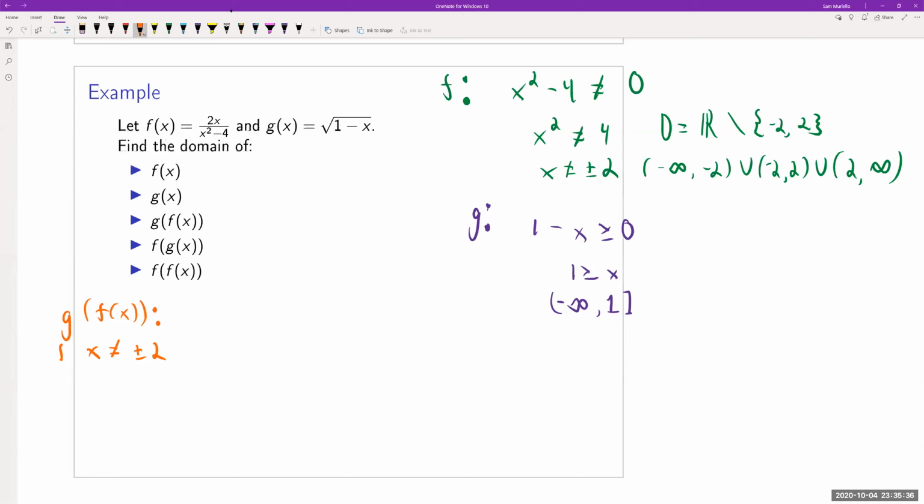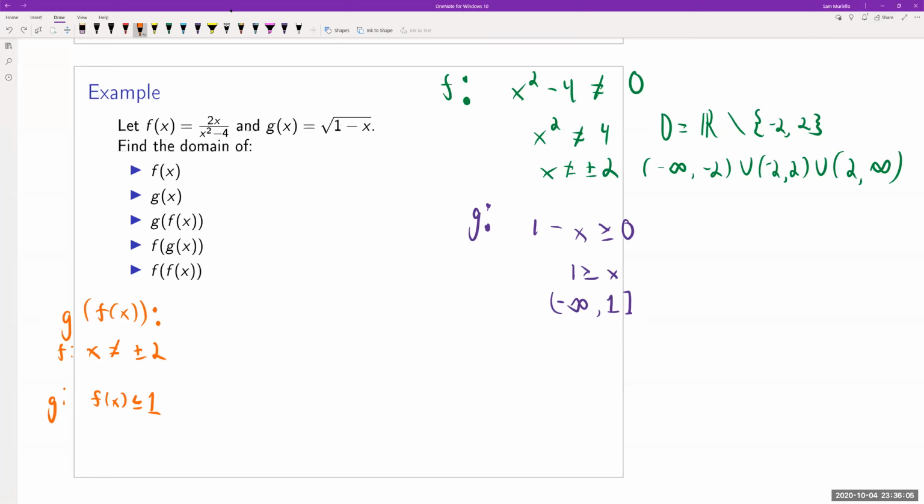The rule for g says that x must be less than or equal to 1. But in this case, I'm not plugging x into g, I'm plugging f of x into g. Remember, f of x is what gets plugged into g. So f of x must be less than or equal to 1.